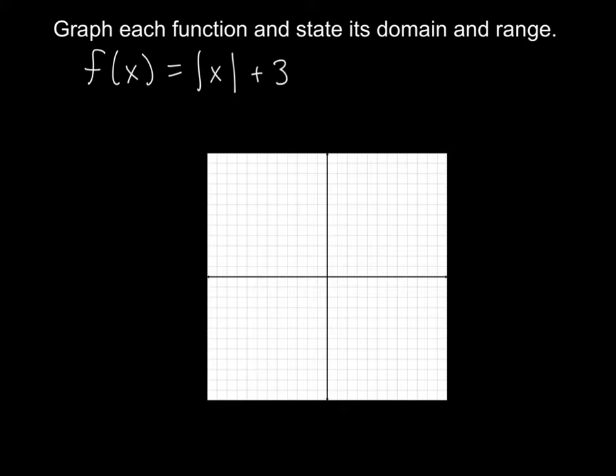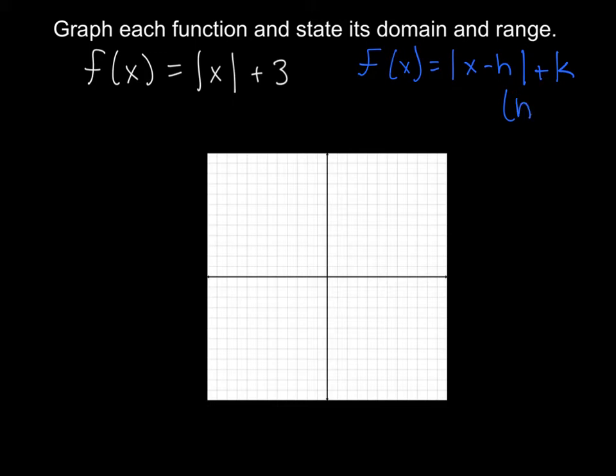Okay, to graph an absolute value function, you want to first look for your vertex and then do an XY table from there. So your vertex you can find using H and K. It should have been a K, not a 3.